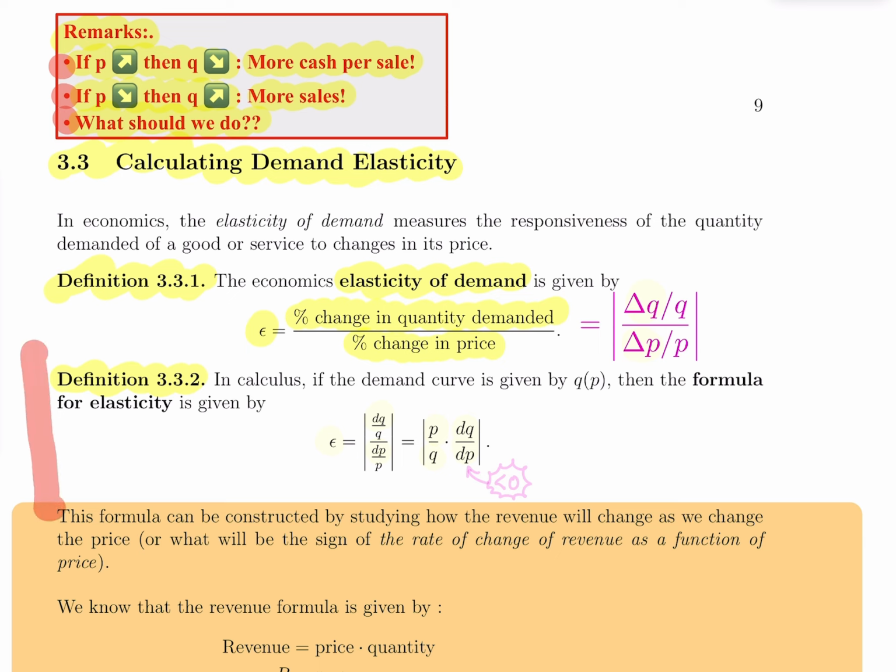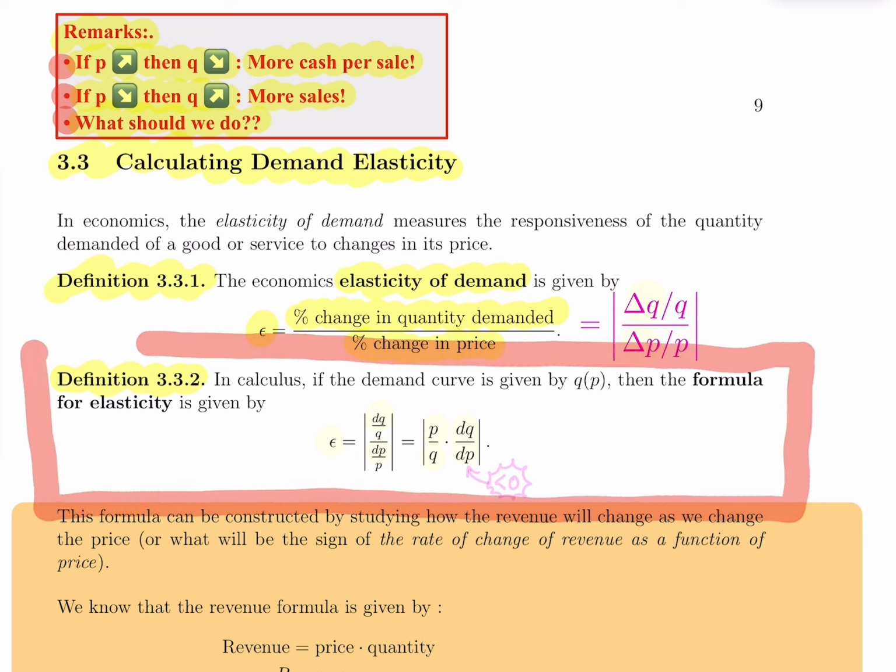And now let's look at the calculus version of the elasticity of demand. So the only difference between your standard classic equation from a business class versus the equation that you would see in calculus is that when we're talking about variation, instead of using delta, we're going to use differential terms.